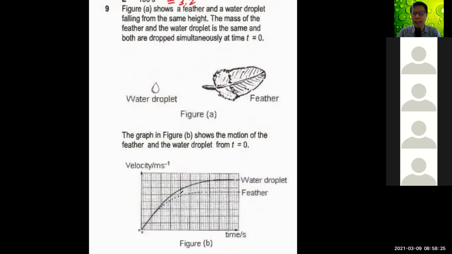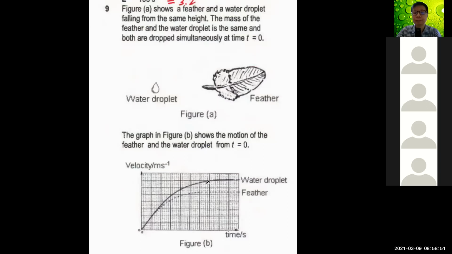It still increases, but the increments of the velocity of the feather are less. So eventually the feather achieves steady velocity, but the velocity is lower compared to the water. Means the water falls faster. Eventually the final velocity: the water drop is faster compared to the feather.